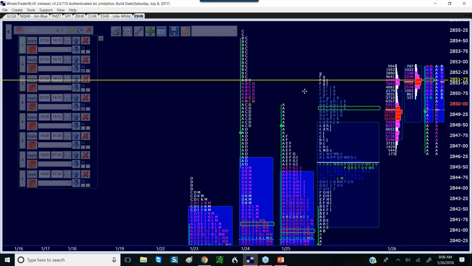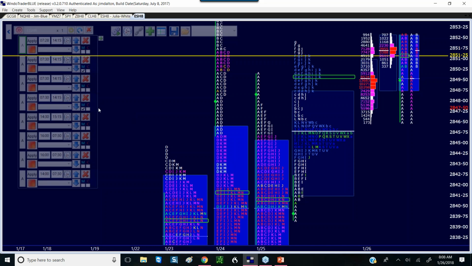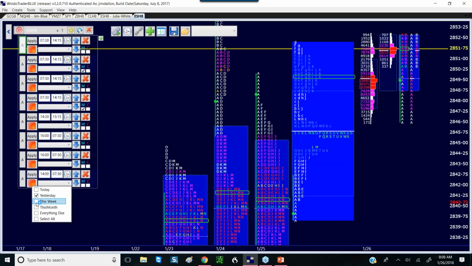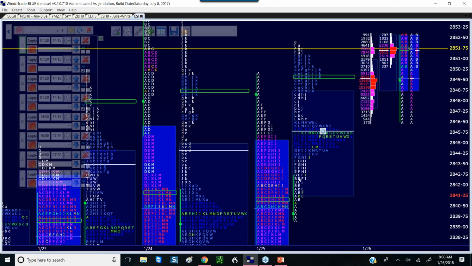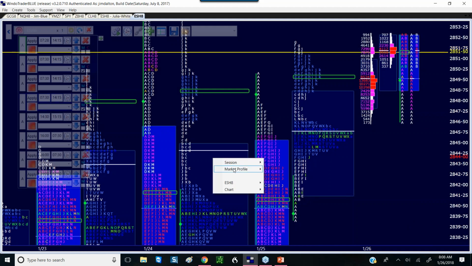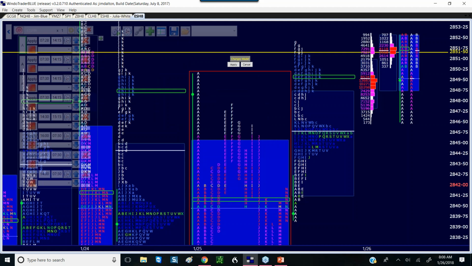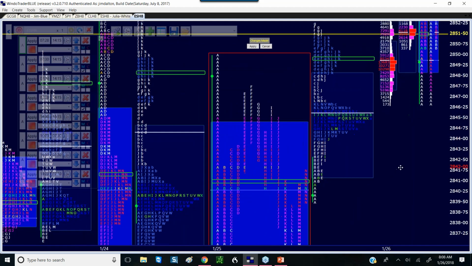But what I want to look at is yesterday's market. I'm going to add more of the overnight trade to yesterday, and I'm going to split out yesterday for right now. Okay, as we came into yesterday's market, the overnight inventory was about balanced.